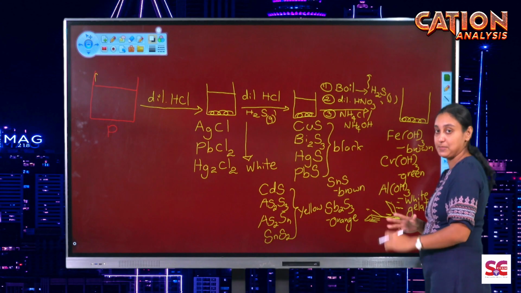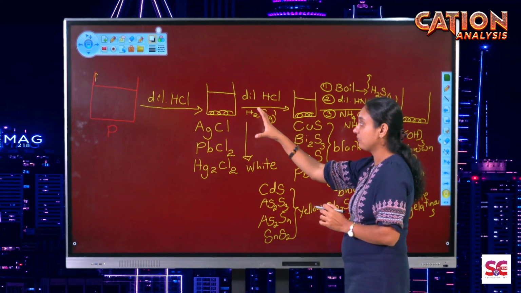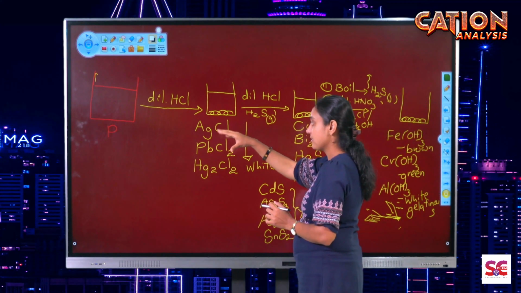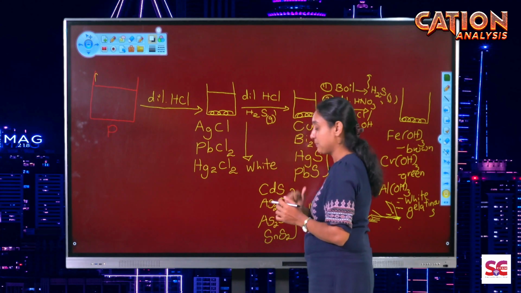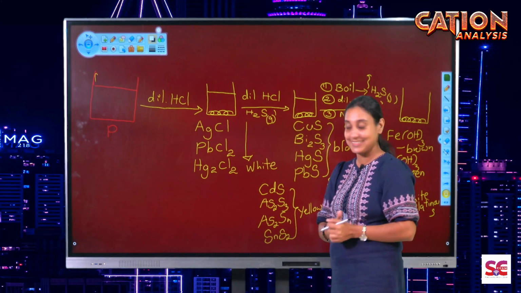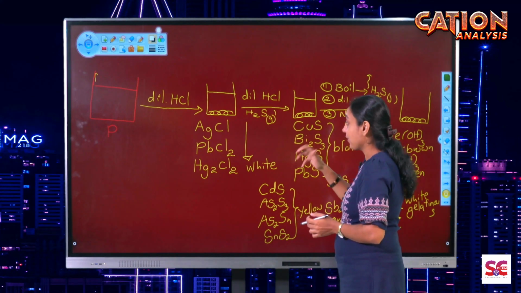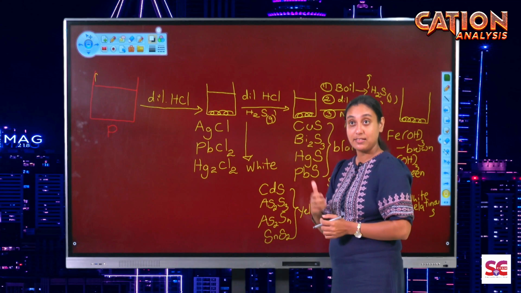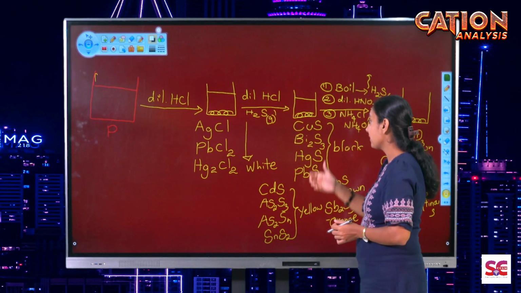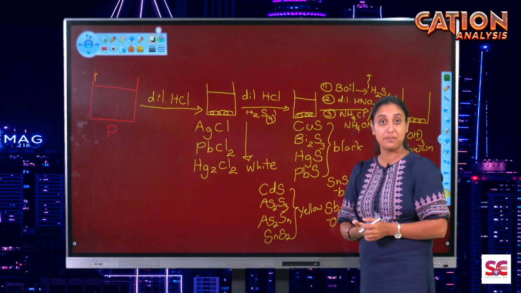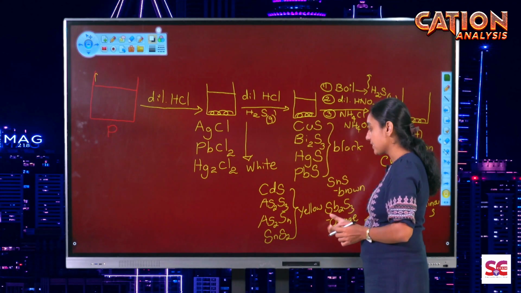Okay. First, add some dilute HCl acid, silver chloride, lead chloride and mercurous chloride will precipitate as white color precipitates. Then bubble some H2S gas through the acidified solution, filter it, then 10 sulfides precipitate as CuS, Bi2S3, HgS and PbS.